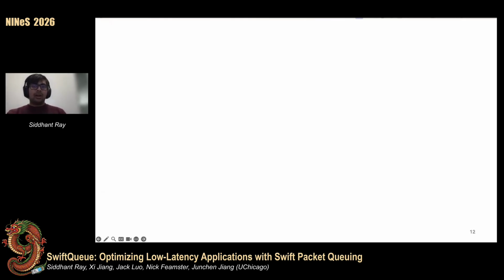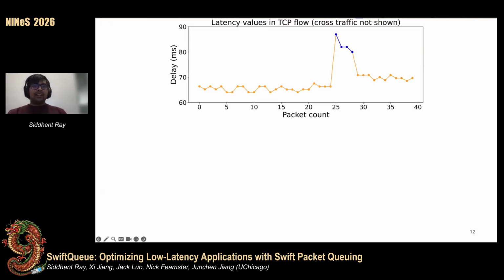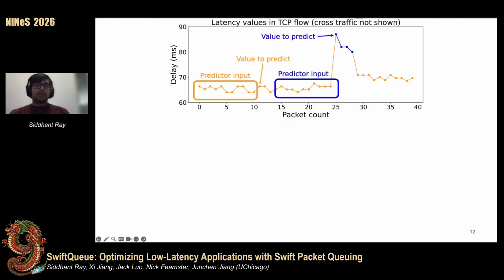Let's look at how a transformer model would work in the network case. We have the latency values of multiple packets in a TCP flow, and we focus on two kinds of packets: those after a latency spike, in blue, and other packets with latency values marked in yellow.